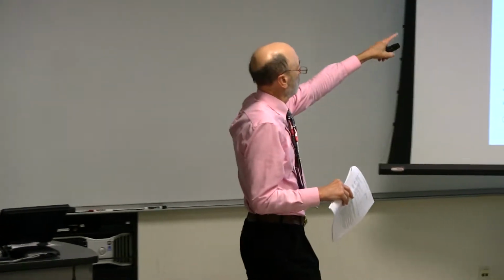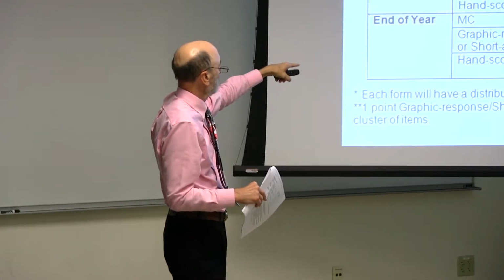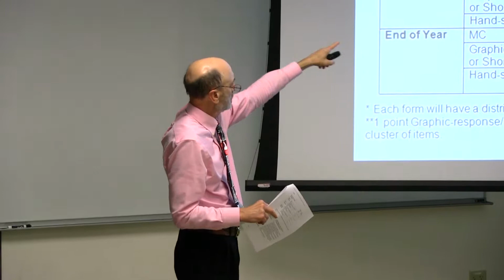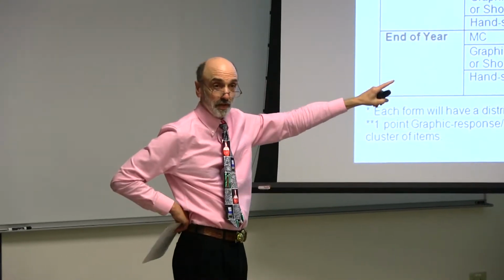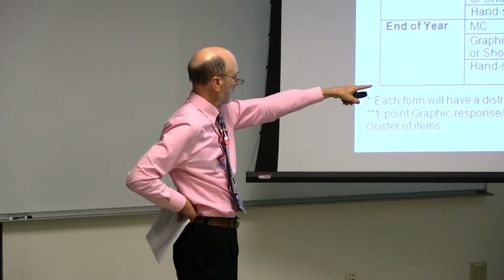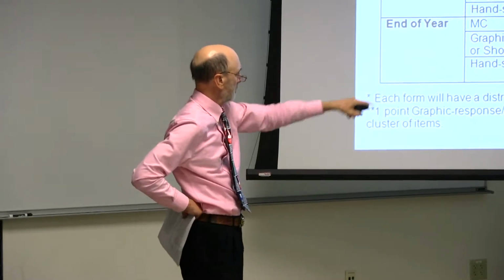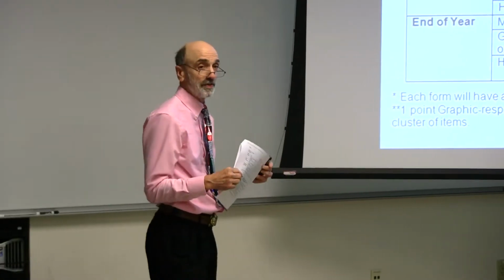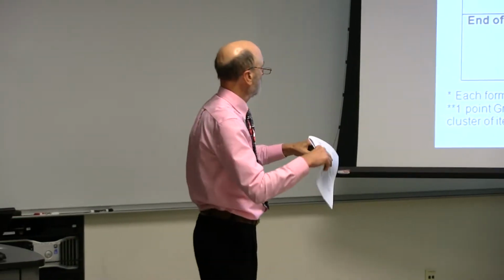Notice this tells you how many points will be available, for how many points each of these parts will count. You notice the performance-based in March will count for 20 points, and the end of course will count for 36 points, for a total of 56 points for the whole assessment.